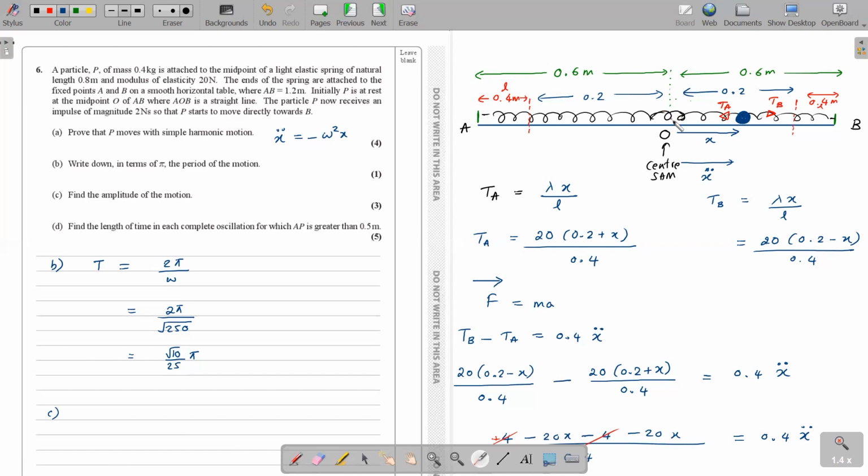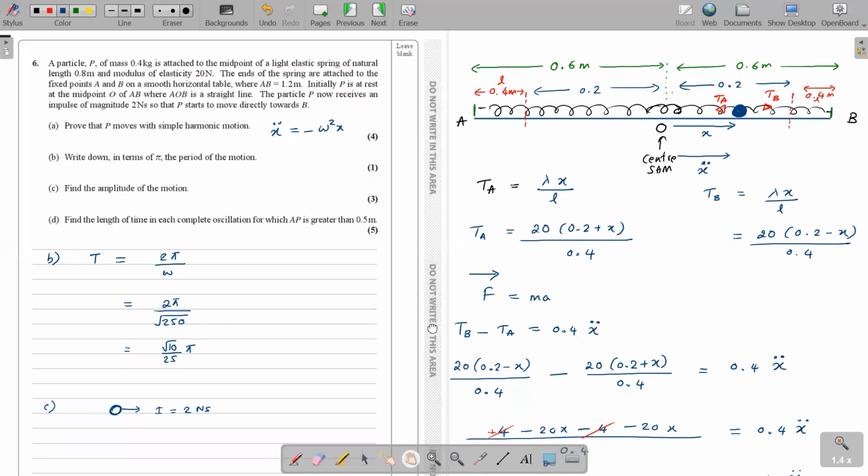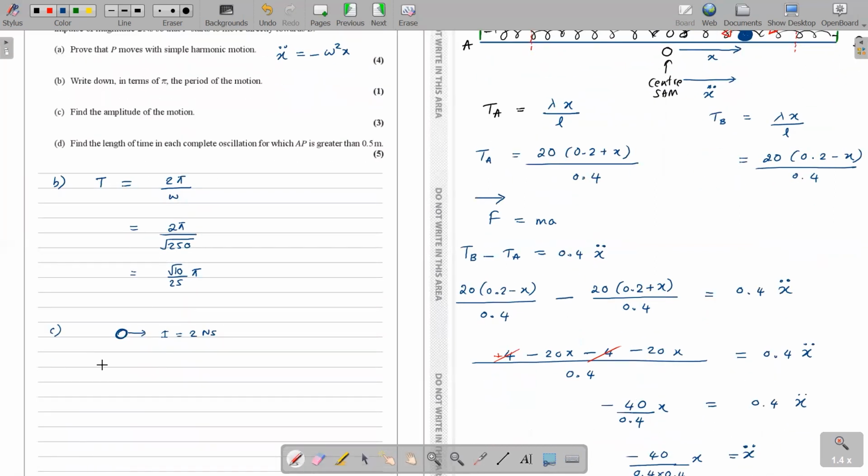So what's the impulse equation? Impulse equals change in momentum: I equals mv minus mu. This particle was initially at rest, and they gave an impulse of 2 Newton seconds. We are trying to find the speed of the object immediately after the impulse.